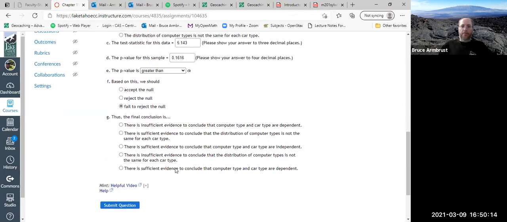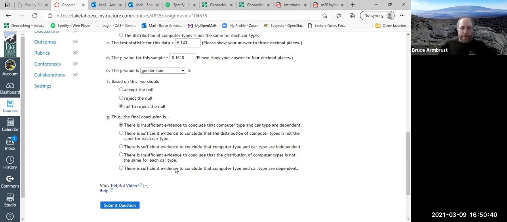Okay, so which of these are we going to do? Well, there's insufficient evidence to conclude. Distribution, no, don't care about that. So insufficient evidence to conclude that computer type and car type are dependent.